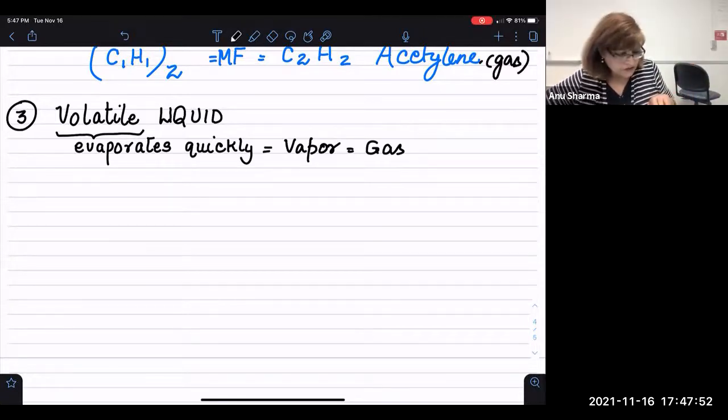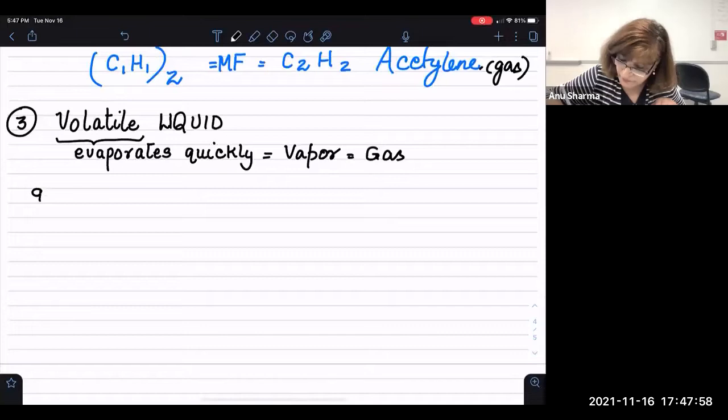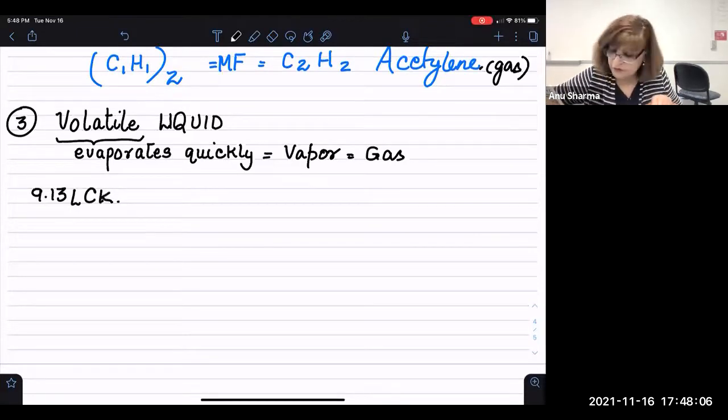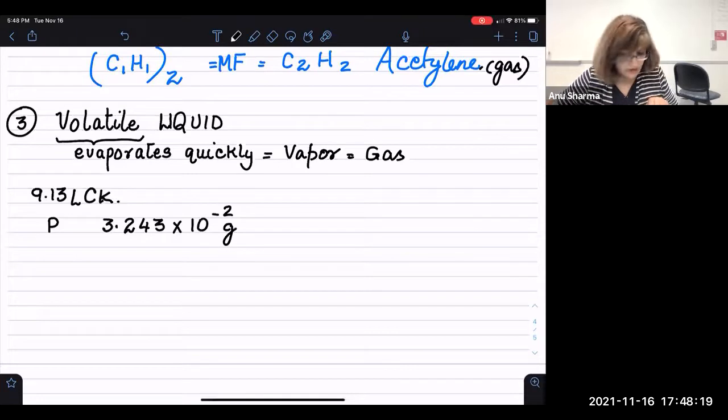So now the question is a sample of phosphorus. This is learning check 9.13. Here you are given a sample of phosphorus that weighs 3.243 times 10 to the power minus 2 grams.